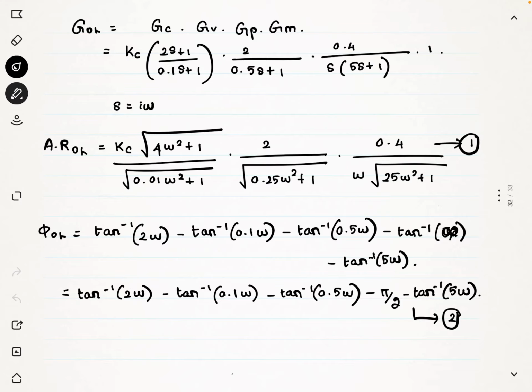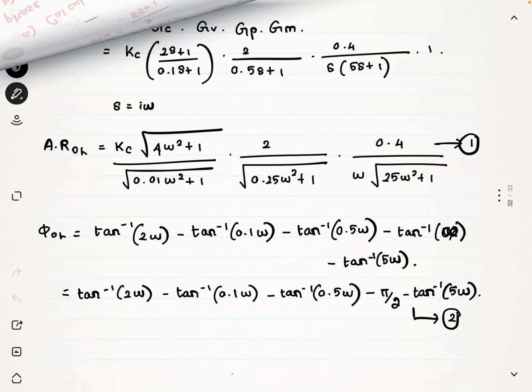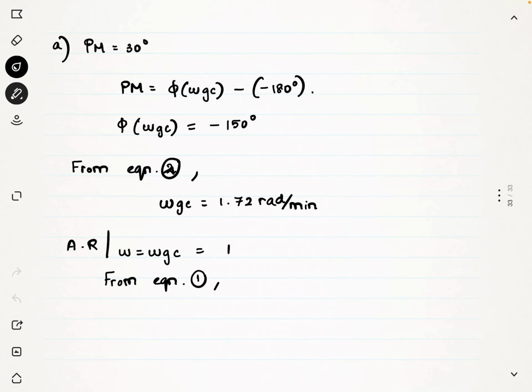The left hand side will be 1, and the only unknown variable will be Kc. So it's equal to Kc into all the numerators.